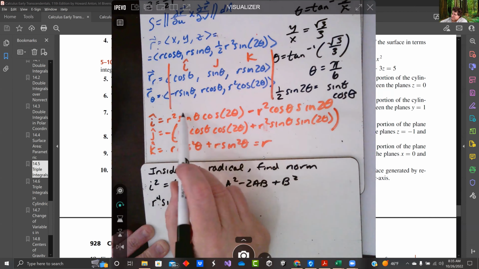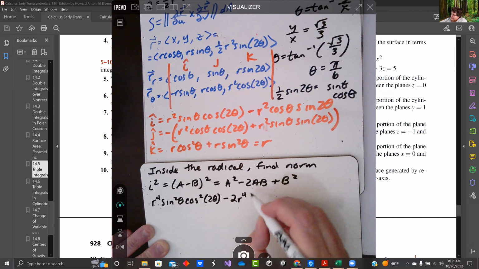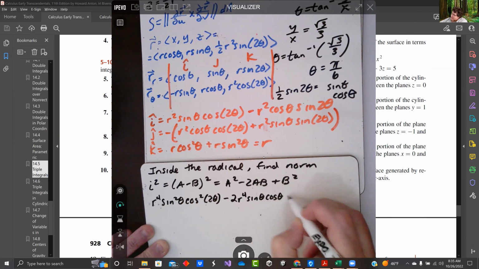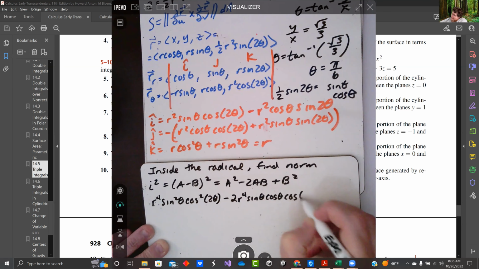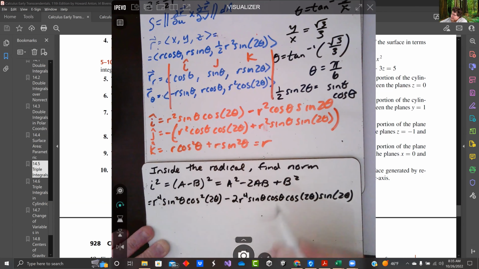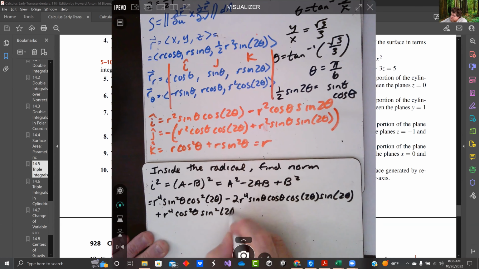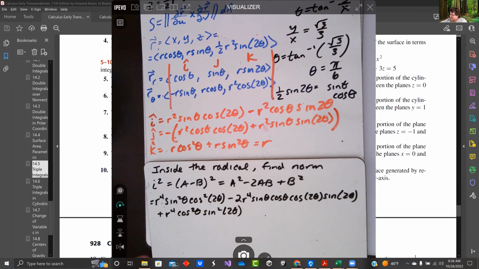This is A, and this is B. So R to the 4th, sine theta, cosine theta, cosine 2 theta, sine 2 theta. And then I got plus B squared, which is this one. So plus R to the 4th, cosine squared theta, sine squared 2 theta. Jesus, that's ugly.